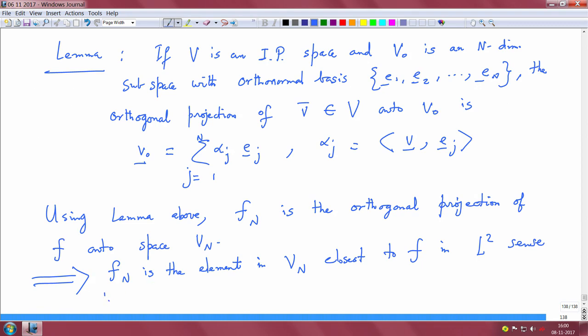Therefore, the norm of f minus fn in the L2 sense is the minimum over all g belonging to Vn of the norm of f minus g in the L2 sense. Right, this fn, which is the Fourier expansion, is the element in the space Vn which is closest to the function in the L2 sense.